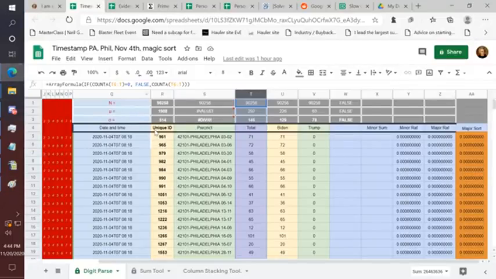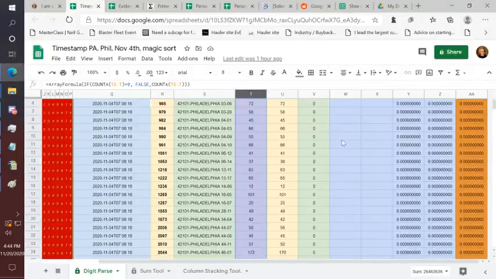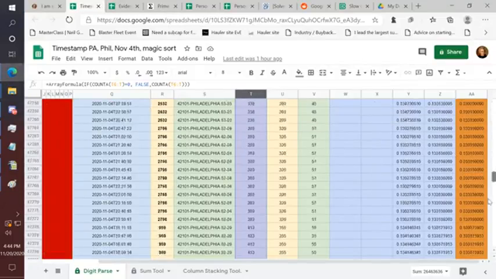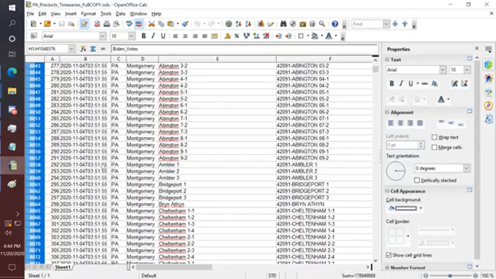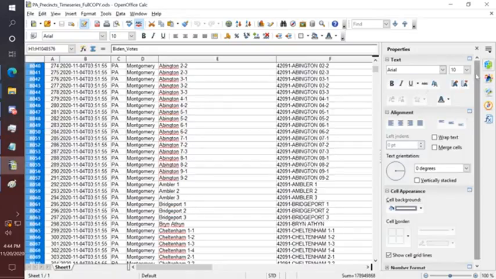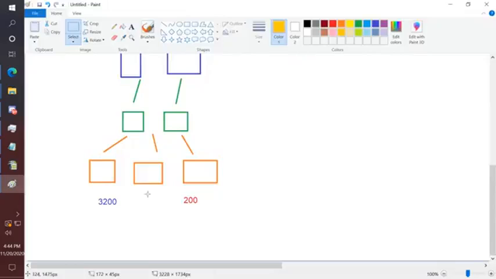Now, I don't know how true that is, because this only goes to November 4th. Well, I know that's true. But my data sheet goes out to the 9th, or the 10th, or maybe even the 11th.